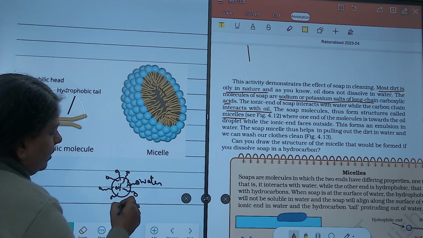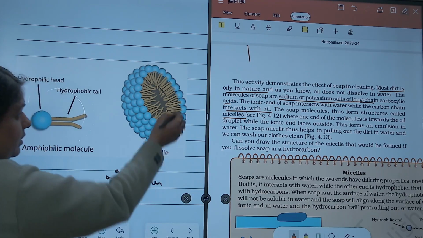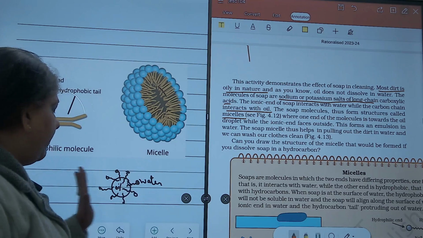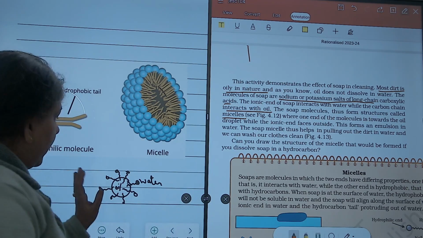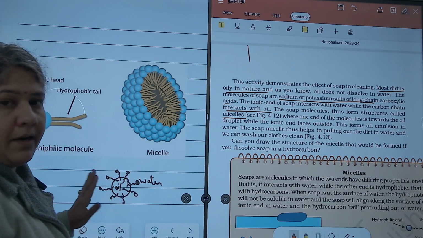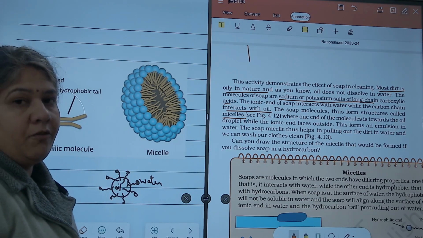See, this way. So this cluster is called micelle, and just by giving a little friction, this micelle that is attached to the oil particle will come into the water.